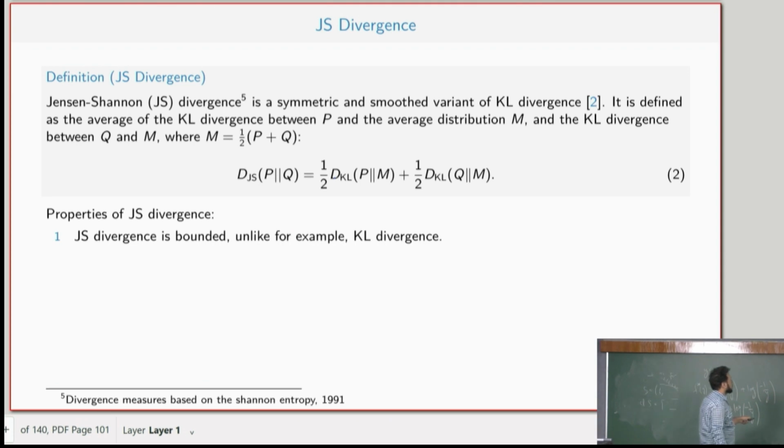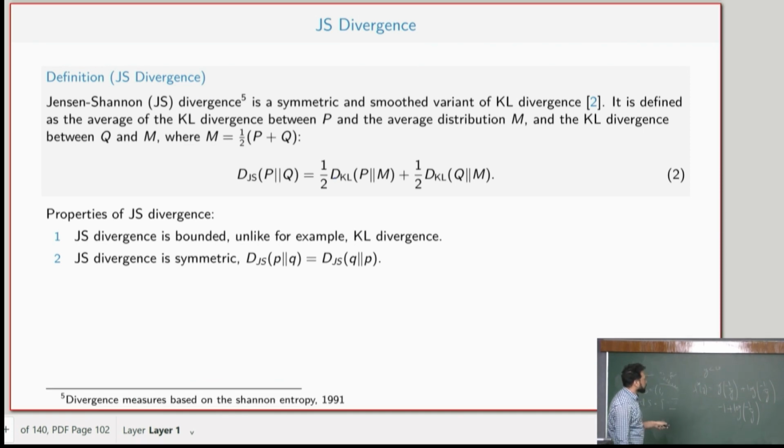This issue is not there in JS divergence, because the division part is the second part M, which is combining both P and Q. So that way it gets away with that issue.